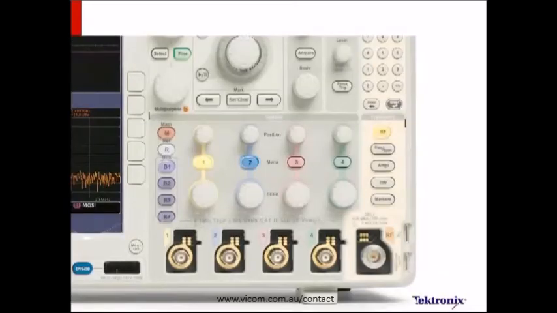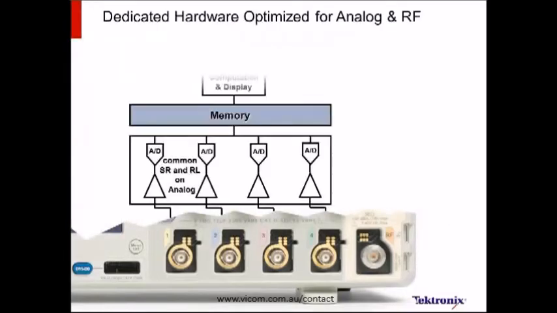So here we have a picture of the front end of the MDO4000. And let's just tear it open here. In Tektronix lingo, we call the 4 inputs, channels 1 through 4, the analog inputs. Here we have a digitizer and record length per channel. And this is pretty much standard when we think of an oscilloscope.